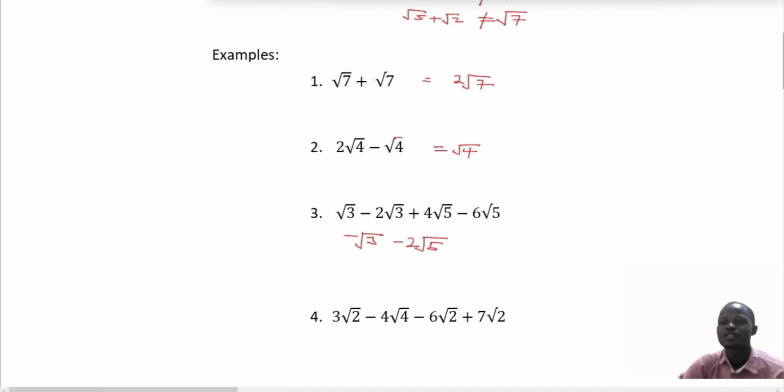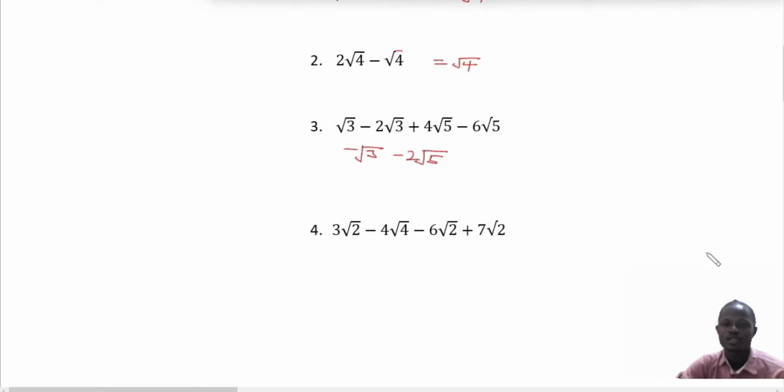Let's have the other question here, which says 3 root 2 minus 6 root 2 plus 7 root 2 minus 4 root 4. Here we collect the root 2 terms together and then try to simplify. We have 3 root 2 minus 6 root 2, and then plus 7 root 2.